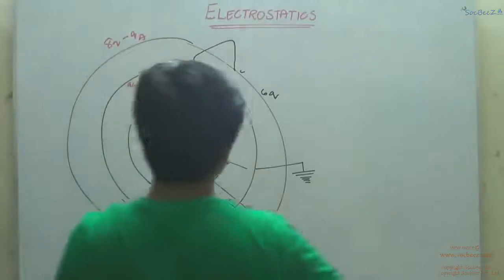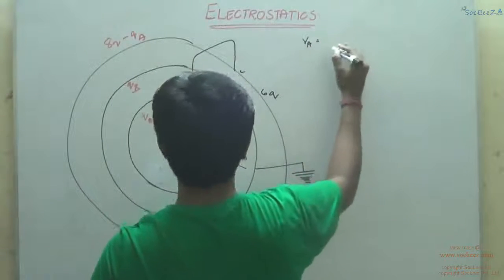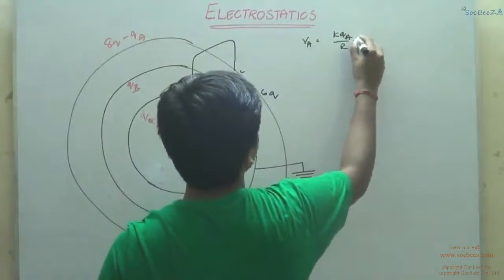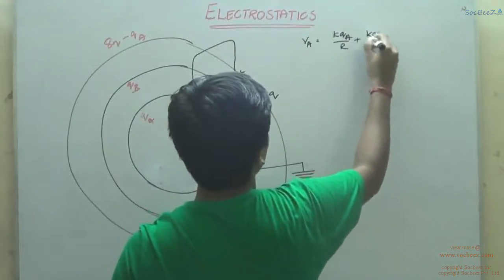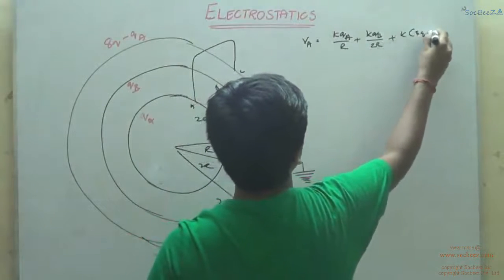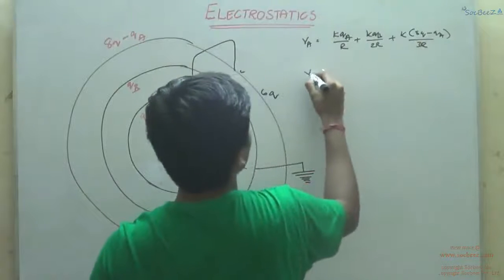Right? Now what is VA? See, VA is equal to K times QA by R plus K times QB by 2R plus K times 8Q minus QA by 3R. What is VB?